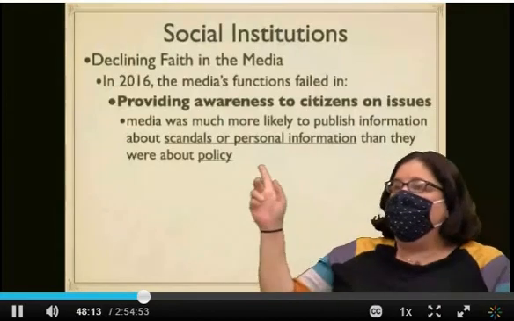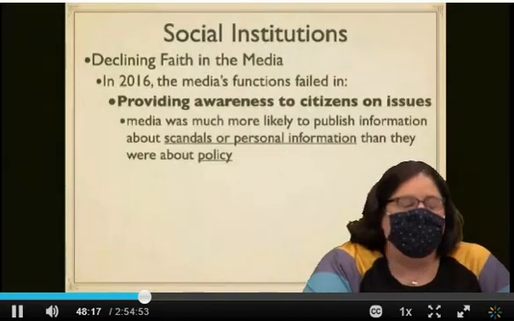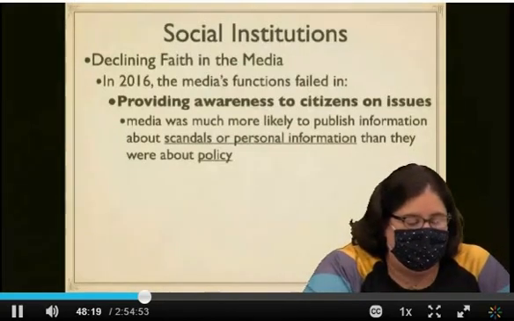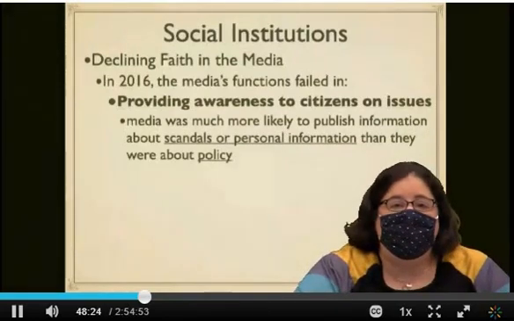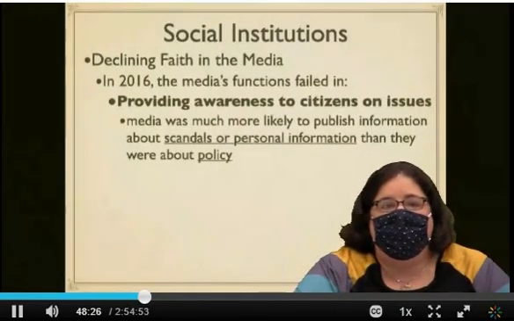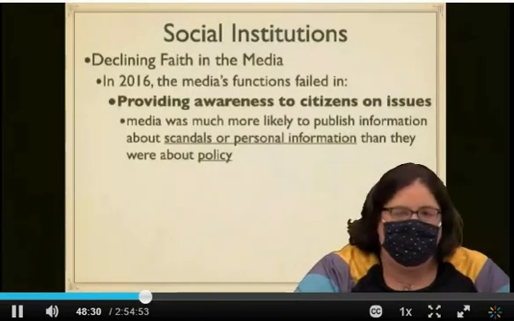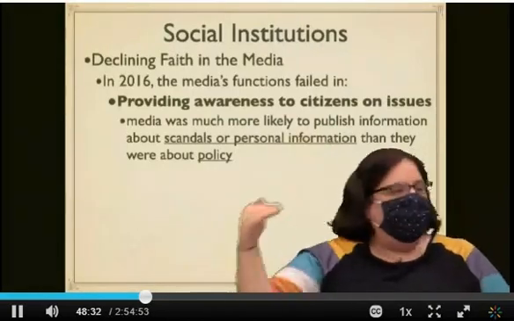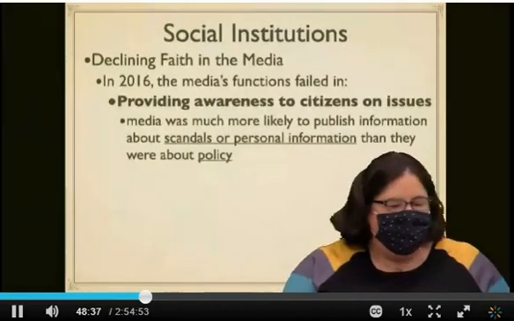And this was 2016, remember, so it was Clinton and Trump, that particular election matchup. But if you think back, right, how much more did you hear about Benghazi or Trump saying, grab them by the whatever on that bus, than you did about what their policy positions are and what kinds of laws they would enact?